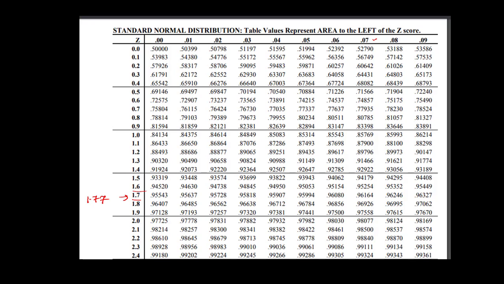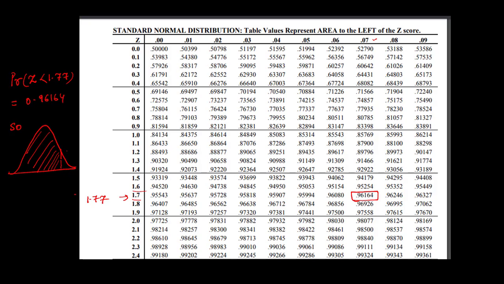Corresponding to 1.77 we get the value 0.96164. So the probability that Z is less than 1.77 is equal to 0.96164.